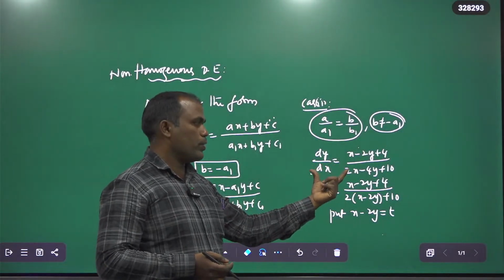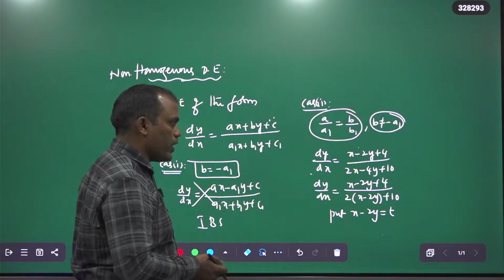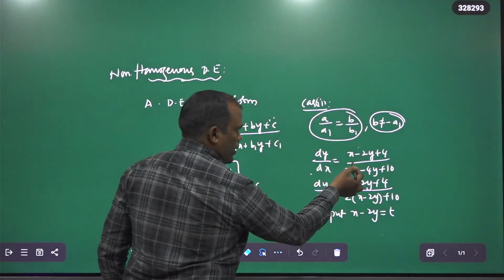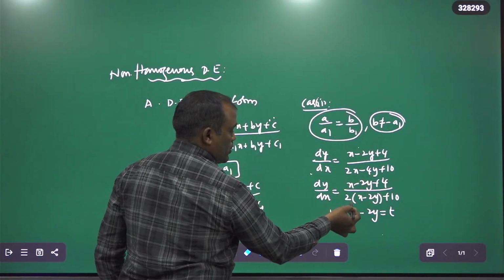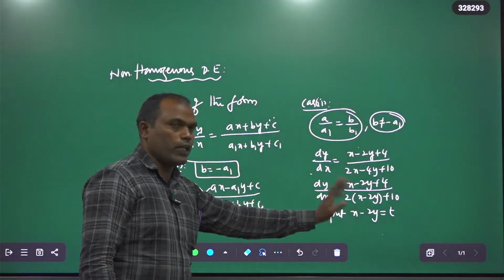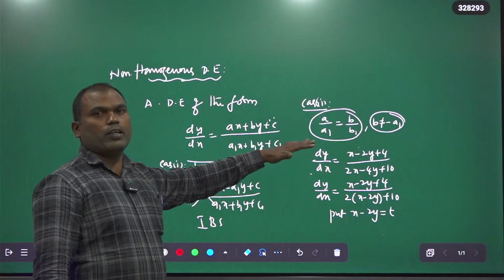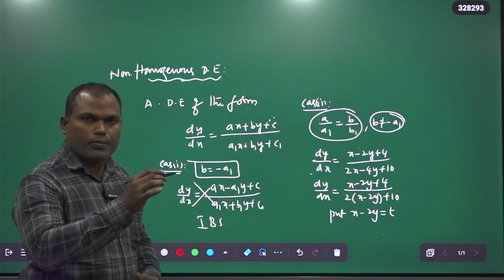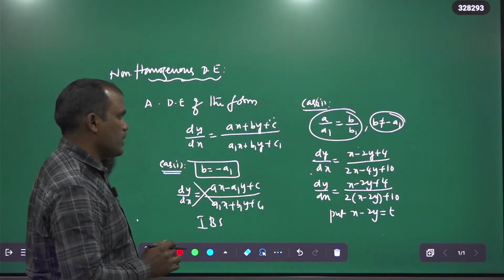For one example problem, you can write here the repeated term x minus 2y, here also x minus 2y, so I can take 2 common, (x minus 2y plus 10). Then put x minus 2y equal to t, then after the derivative, the given equation becomes a new equation. Then simplify, then variable separable, then integrating on both sides, we will get the answer. This is the second case.